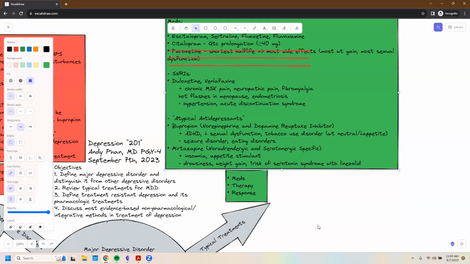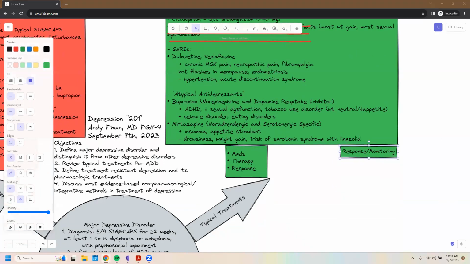So just going over the response and monitoring component of this too. I found this nice graphic here.